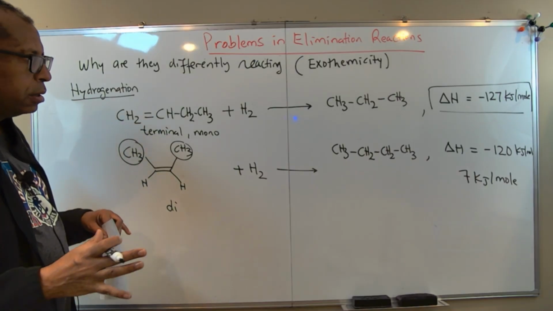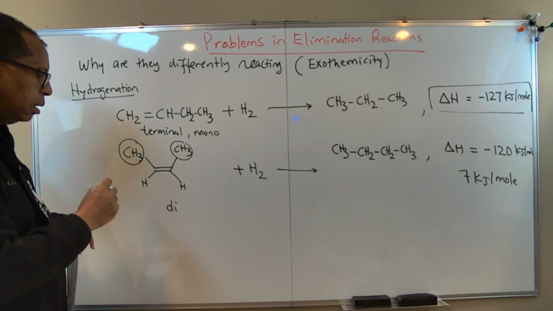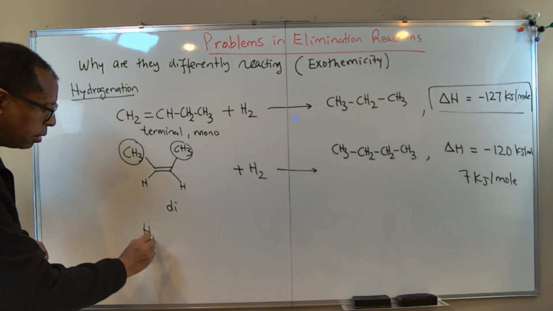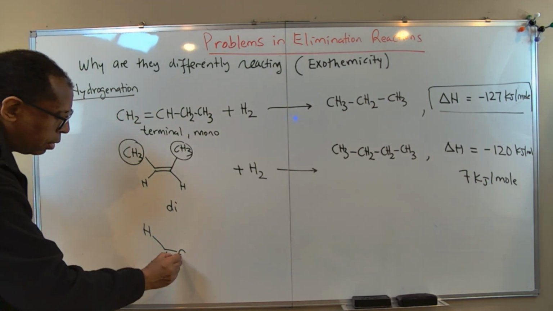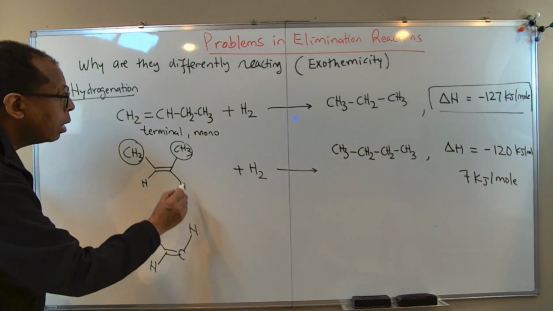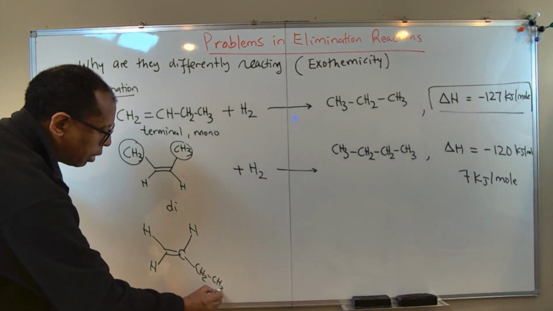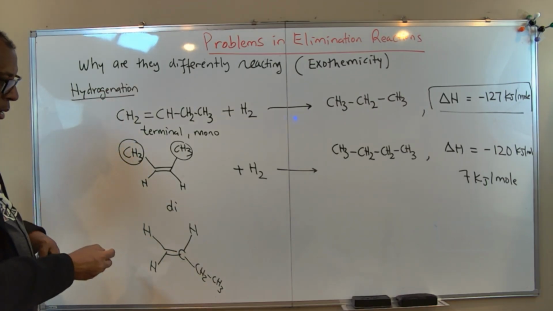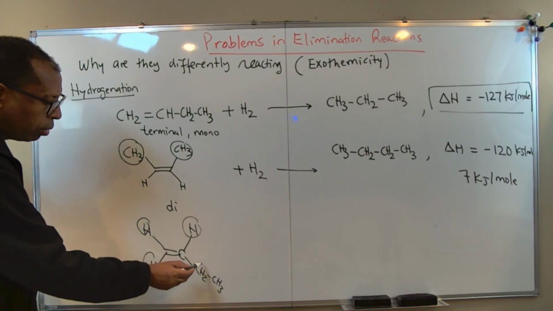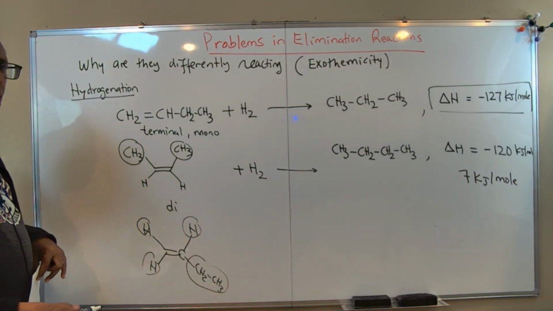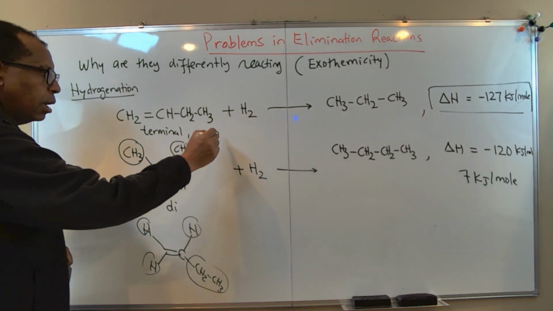The only difference in the alkenes is that this is a terminal alkene. Structurally, you can write that as CH2=CH-CH2-CH3. This is the structure of the top alkene. As you see, this is hydrogen, this is hydrogen, this is hydrogen, so there is only one alkyl substitution on it.